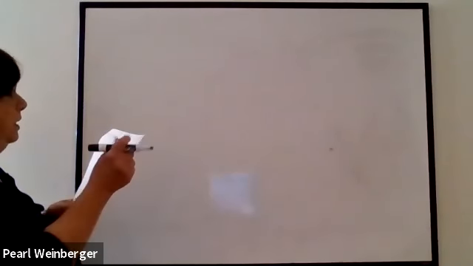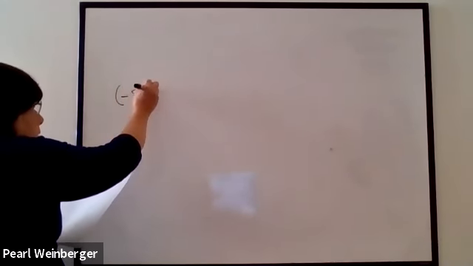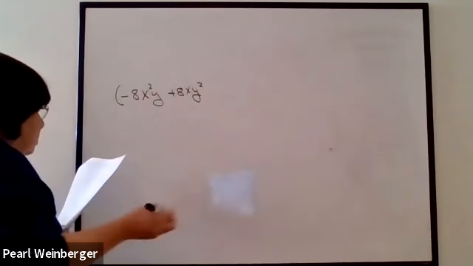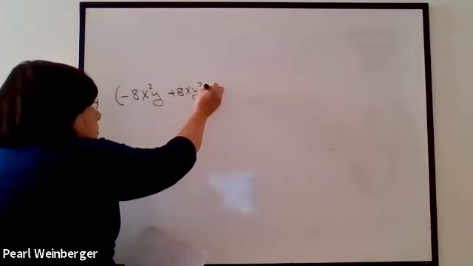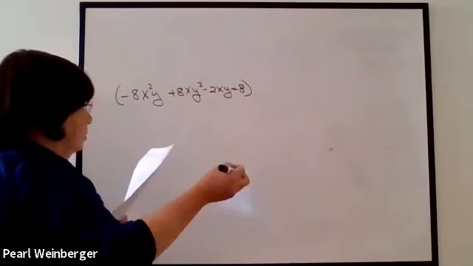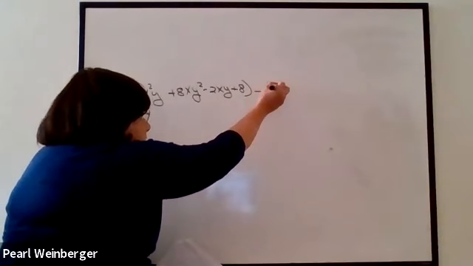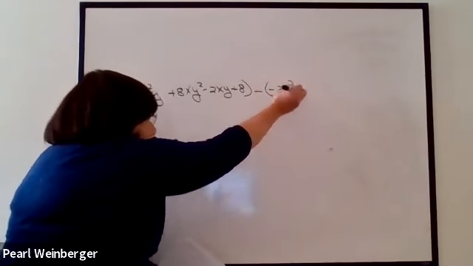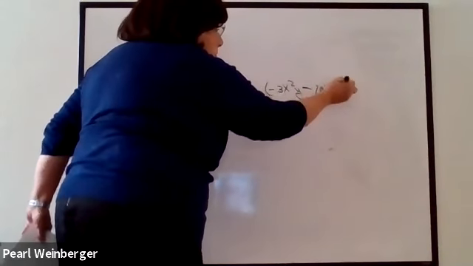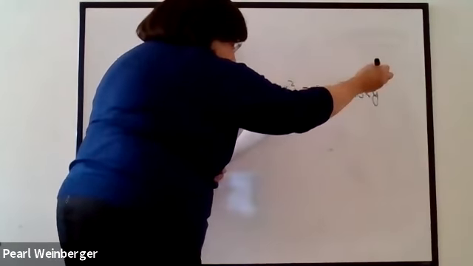It says perform the indicated operation, and it's -8x squared y plus 8xy squared minus 2xy plus 8, minus, so we're doing the operation of subtraction, -3x squared y minus 10xy squared plus 5xy minus 12.